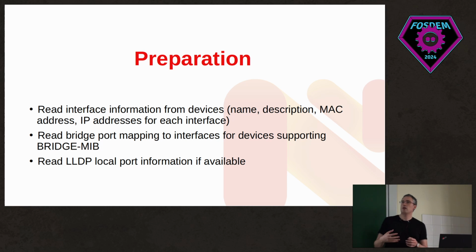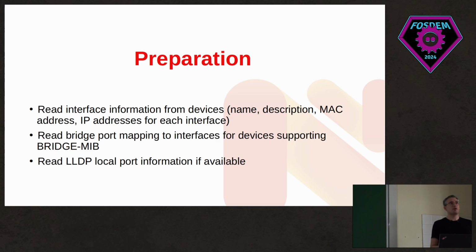The monitoring system will take some preparation steps. For each device that is added to the monitoring, we will read full interface information from that device: name of the interface, description, MAC address, and IP addresses, because we will need this information to match topology data.